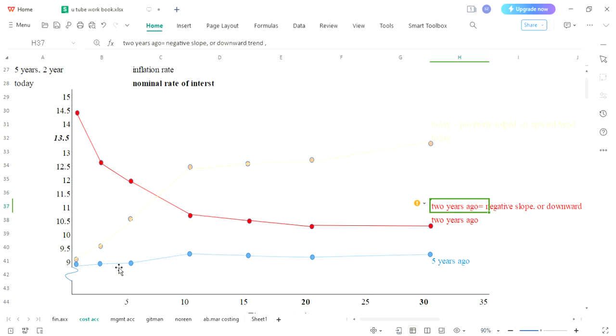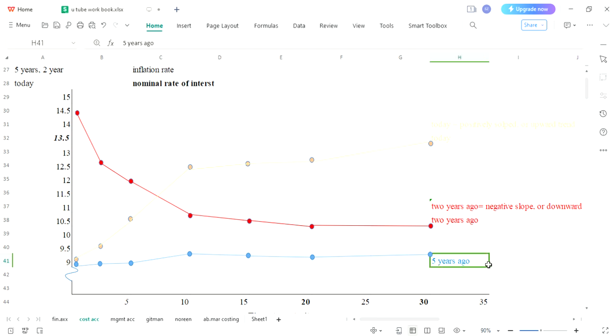So it's a flat sort of curve. That means there is not a big change in rates of return as you are increasing your number of years. There is no impact upon rate of returns.